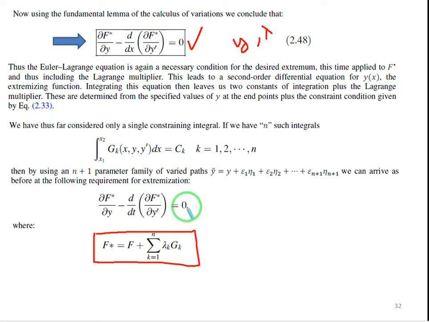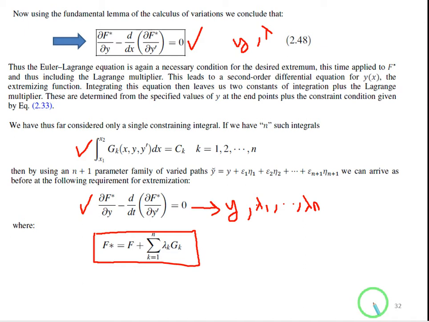Substituting this into the Euler-Lagrange equations leads to ordinary differential equations with n plus 1 unknowns, let's say y and lambda 1 and lambda 2 till lambda n. To find these unknowns, we use the Euler-Lagrange equations along with our constraints. We can find our n plus 1 unknowns.